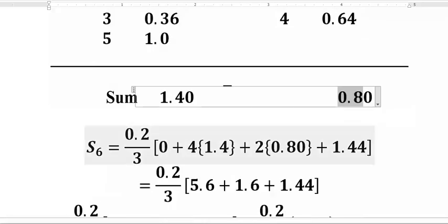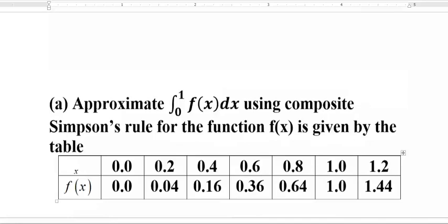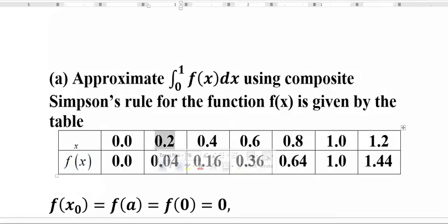So S6, which is the composite Simpson rule, equals h, which is 0.2. H here is the distance between any 2 points of the values of x, so it's 0.2.